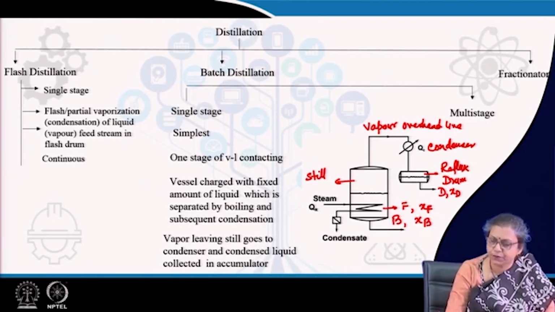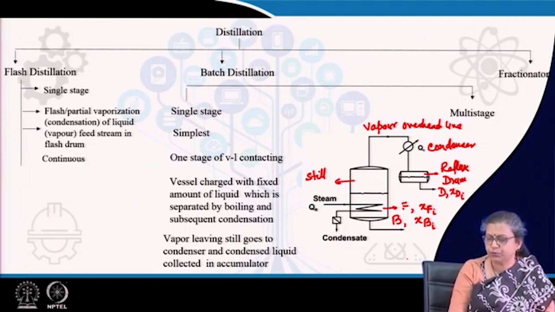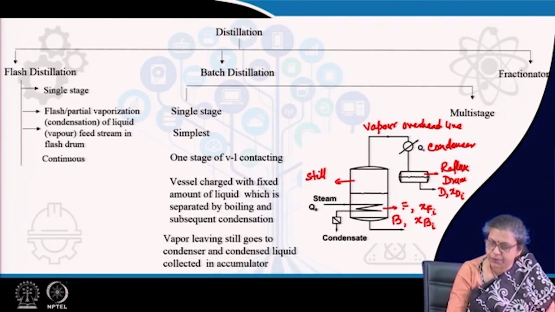If it is a binary feed, then generally XD, XF, XB refer to the composition of the more volatile component. And if it is a multi-component feed, then for each component we denote the composition of the ith component by a subscript i associated with each particular composition.